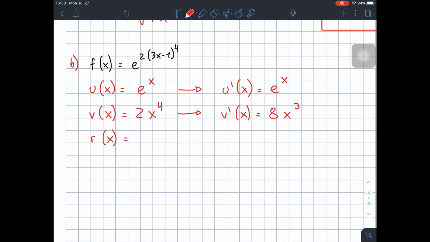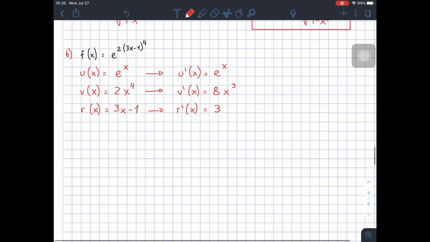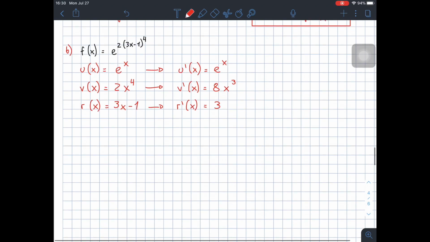The innermost is this one over here, 3x minus 1. So the derivative of r is equal to 3. Okay? So now that we have found all of the different functions that compose the function f and their respective derivatives, I'm going to apply the chain rule.